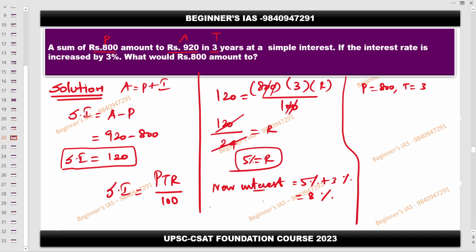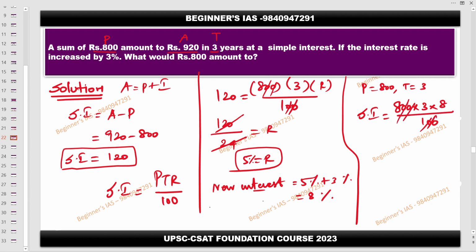So first, find out the new simple interest. The new simple interest for this amount is calculated the same way: 800, then 3 years, then R is 8 by 100.